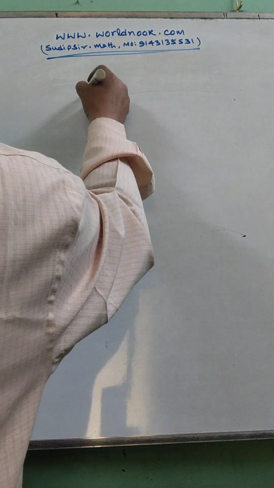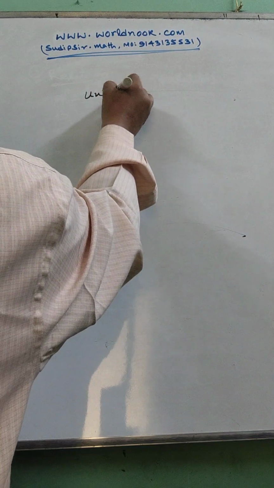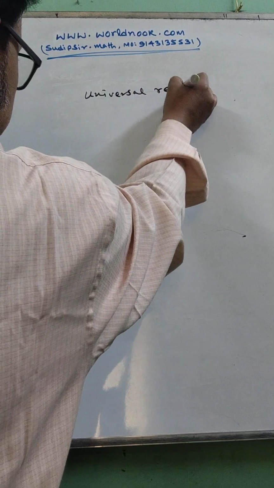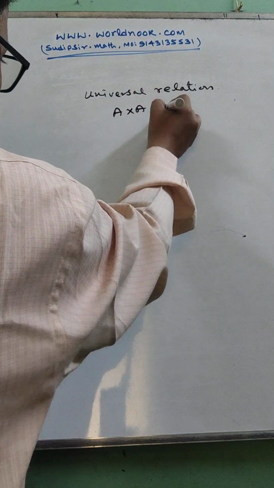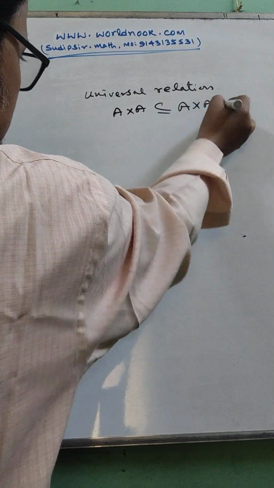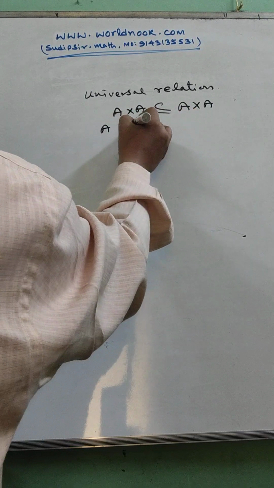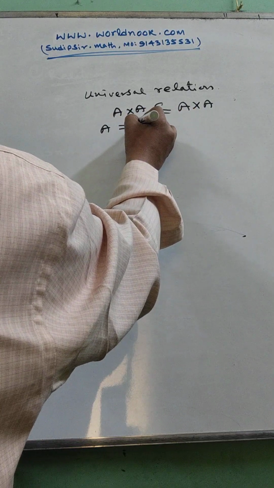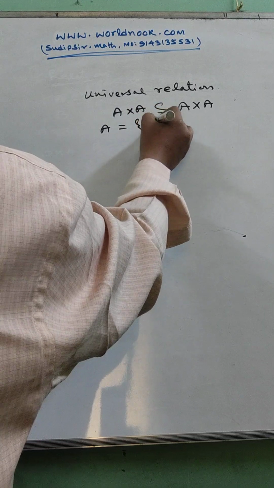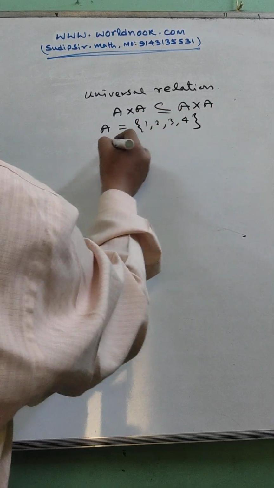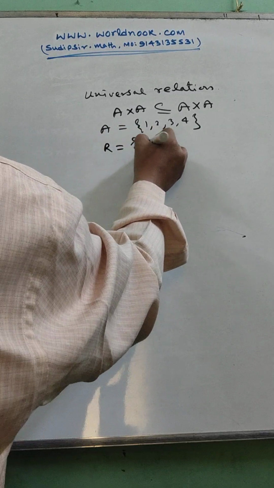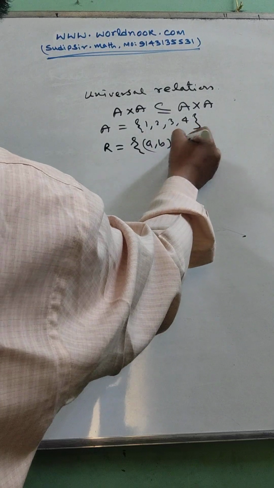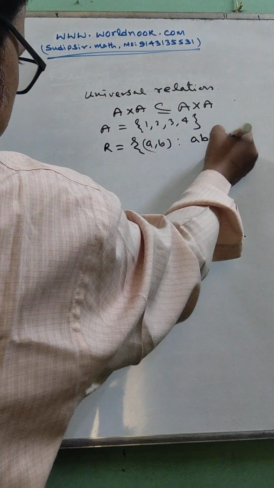Now universal relation. For universal relation, R is equal to A cross A. For example, say A equal to {1, 2, 3, 4} and the relation is like (a, b) such that ab is greater than or equal to 0.